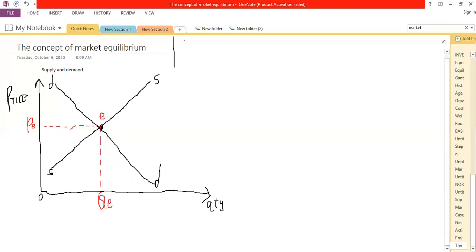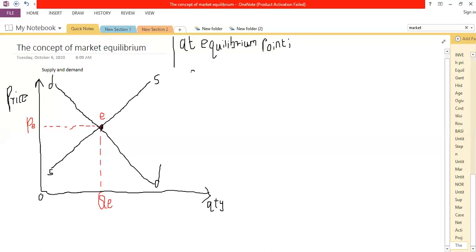The condition for equilibrium, at equilibrium point, as to evaluate the equilibrium point of a commodity, what is the condition?